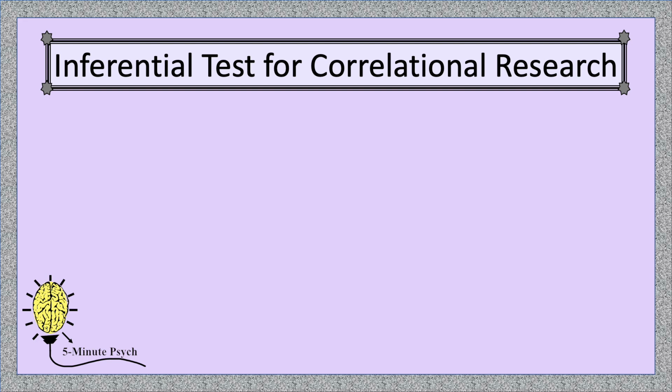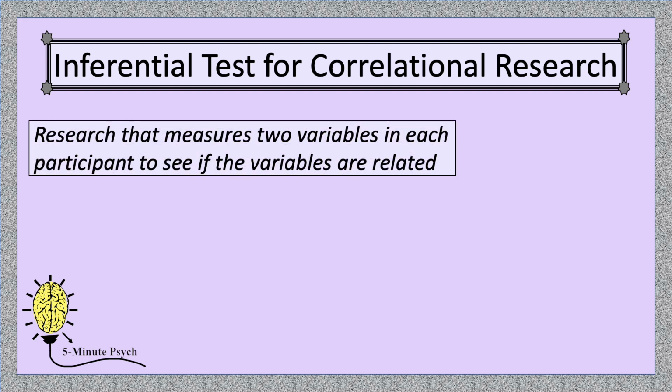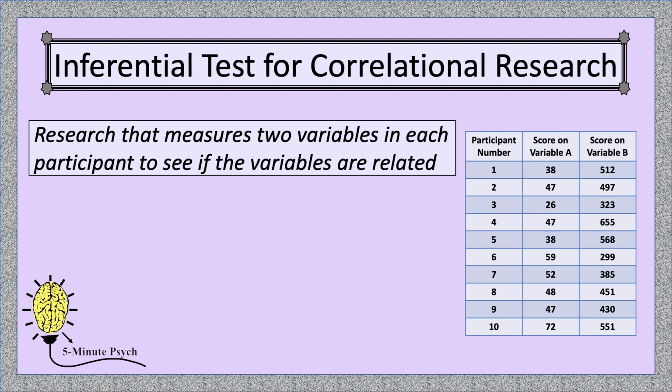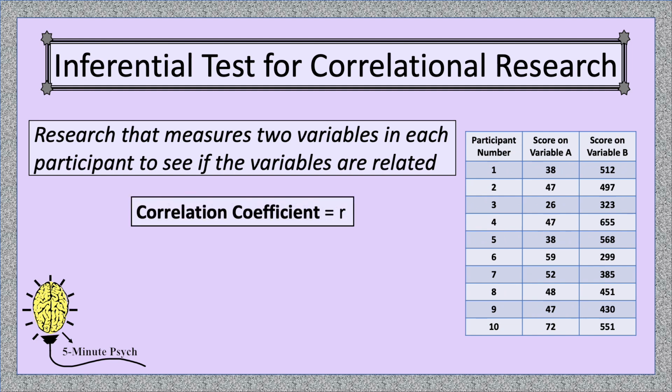With correlational research, when you're just measuring two variables in every participant to see if the variables are related, the statistic you would calculate is called the correlation coefficient, and it's symbolized by little r. Here's the deal with r. We won't worry about how to calculate it, but trust me that mathematically it can only rest somewhere between -1 and +1.